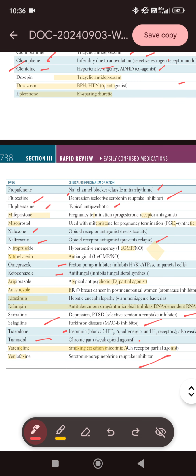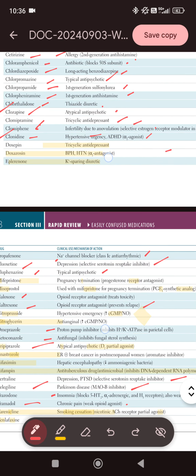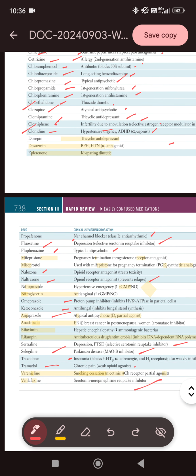Aripiprazole also sometimes is asked. D2 partial agonist, or atypical antipsychotic. Make a list of atypical antipsychotics which we confuse. Clozapine, an atypical antipsychotic. Then we have aripiprazole, atypical antipsychotic.